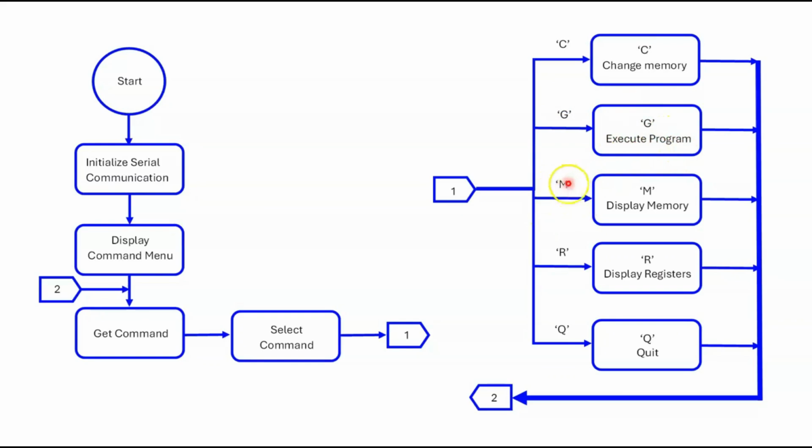If an M is selected, then it will display the memory. If an R is selected, then it will display the registers. And if a Q is selected, then the quit command is executed.